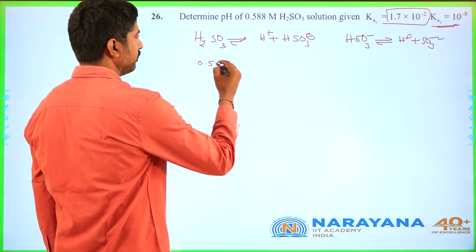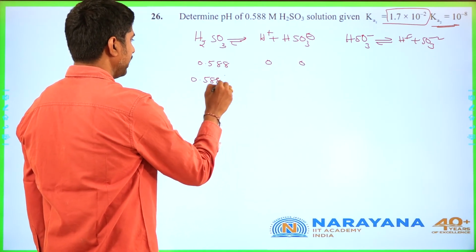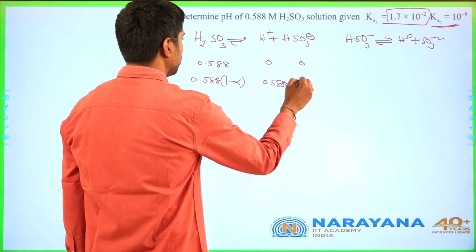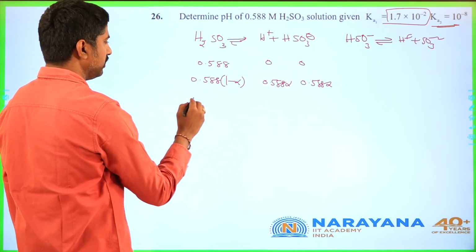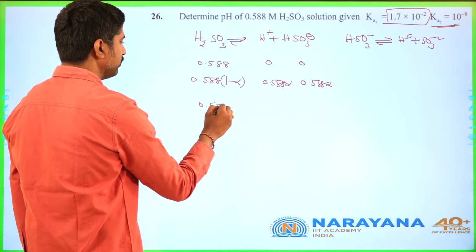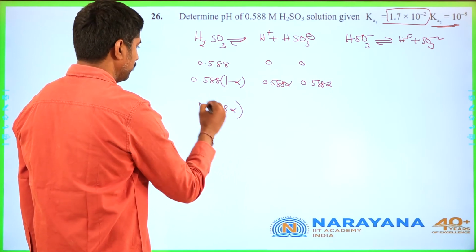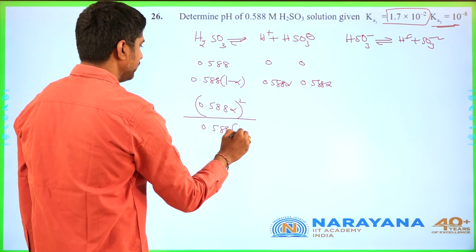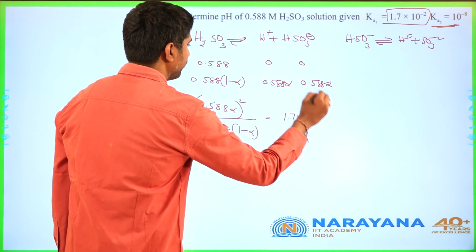So 0.588, 0, 0. Then 0.588 of 1 minus alpha, 0.588 alpha, and here also we can write the same. Substitute them in Ka1. So 0.588 into alpha whole square by 0.588 into 1 minus alpha is equal to 1.7 into 10 power minus 2.